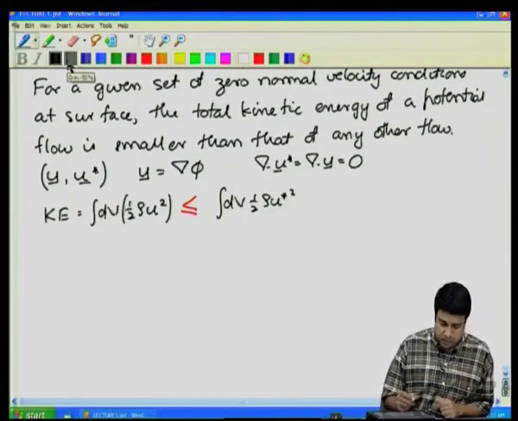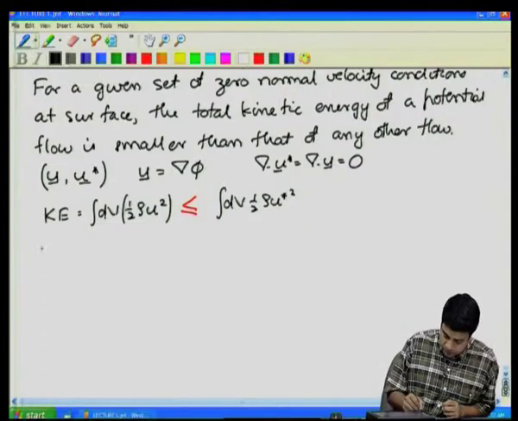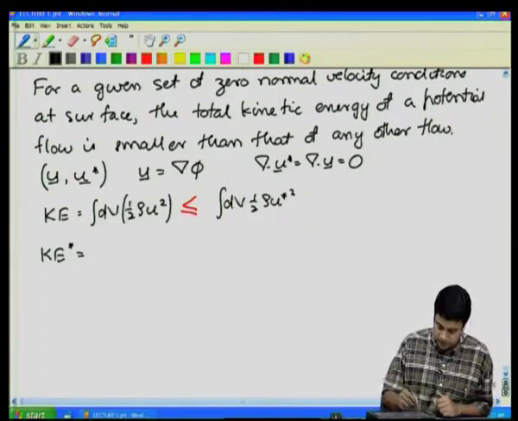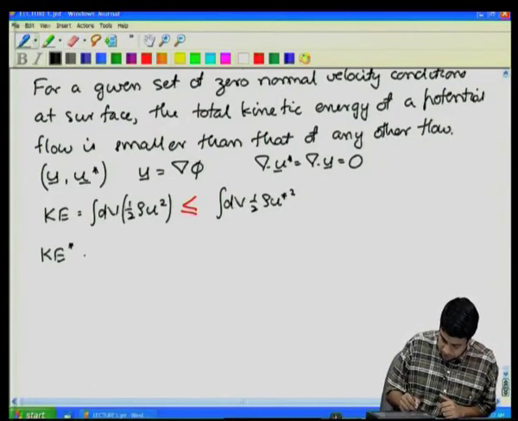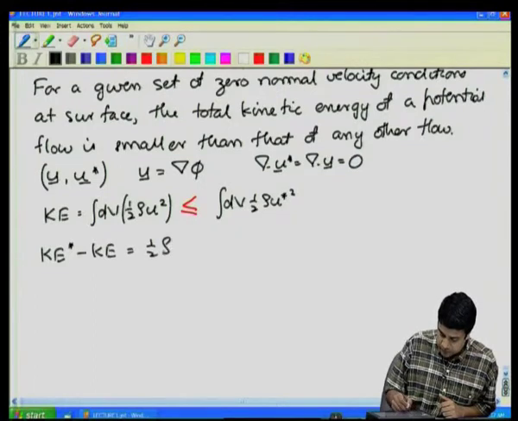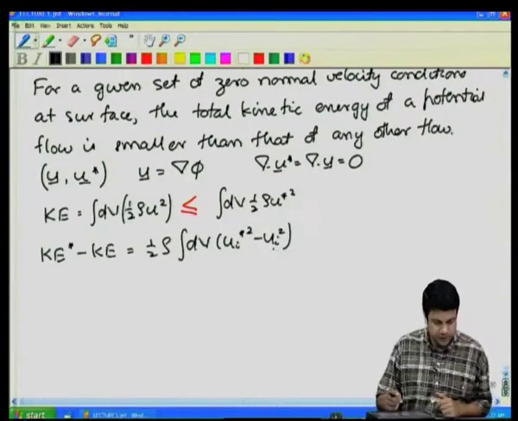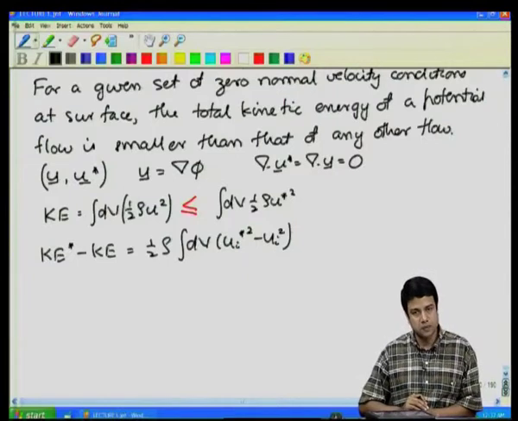So, in order to prove this, what we do is we take the difference between the two, the kinetic energy for the general velocity profile minus that for the potential flow, which is equal to half rho integral dV of ui star square minus ui square. So, I have to prove that this is always a positive number.